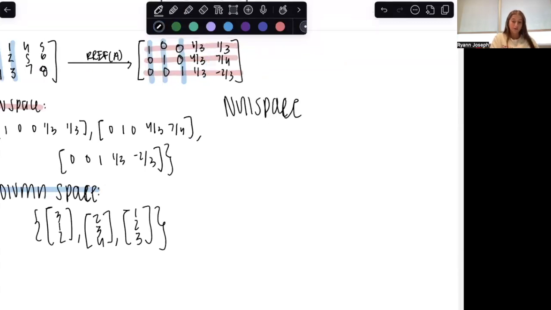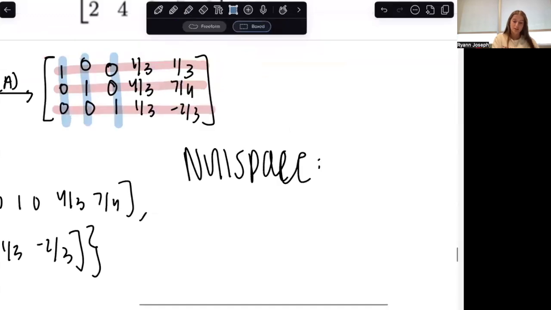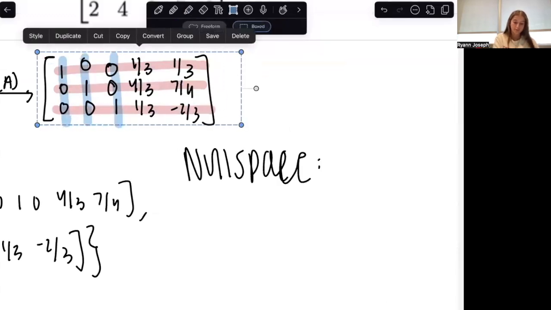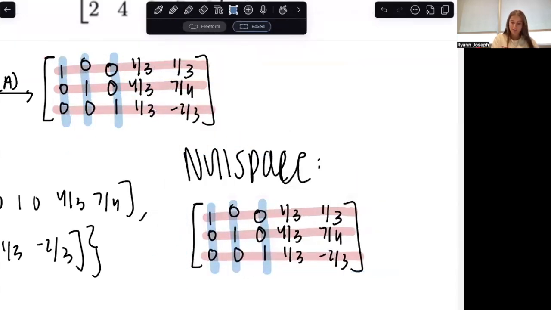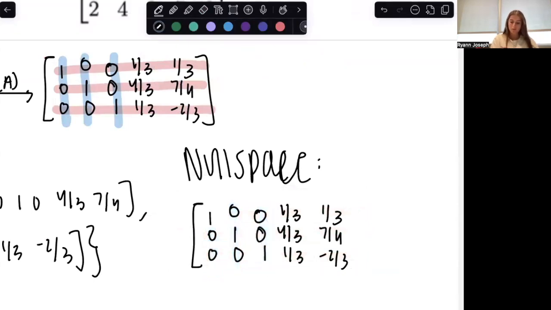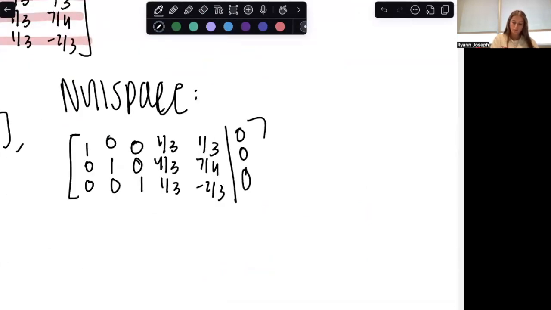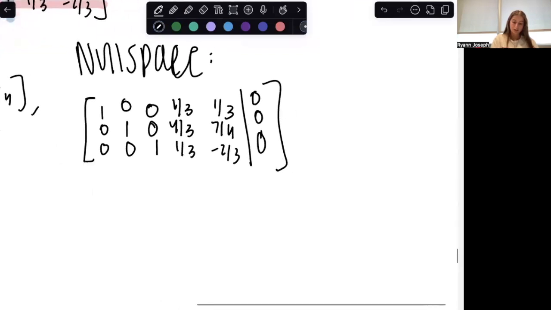If you remember, the way we solve for the null space is we take the reduced echelon form and we augment it with the 0 vector. Looking at this, the first thing we do is figure out what equations we're given.